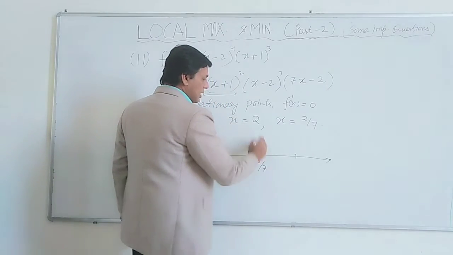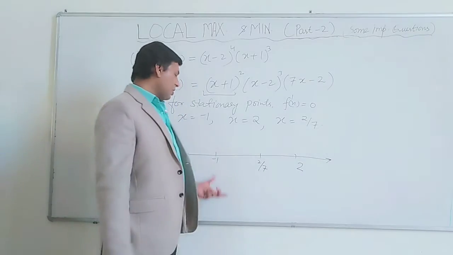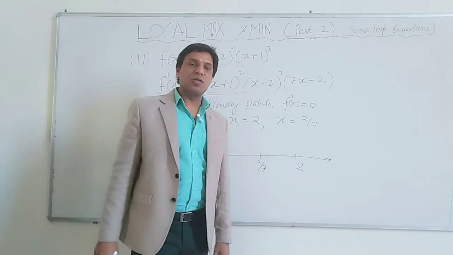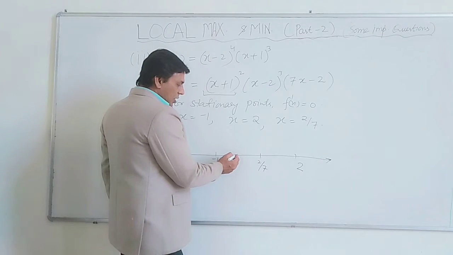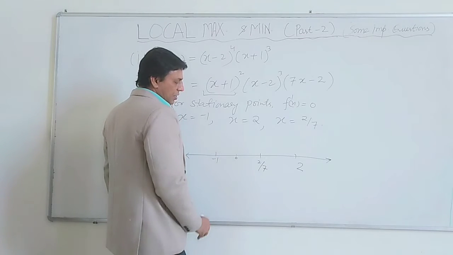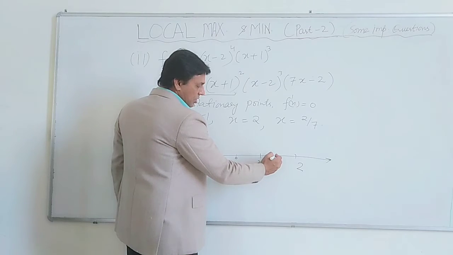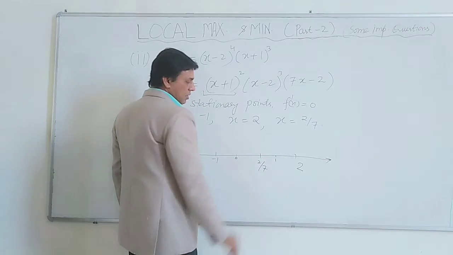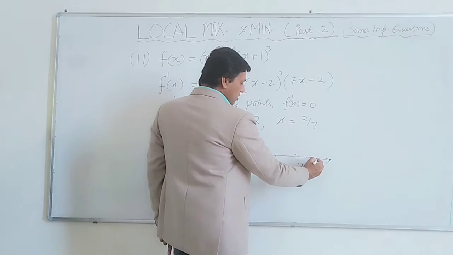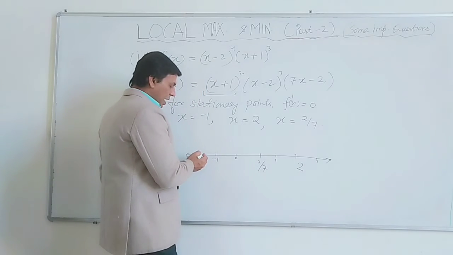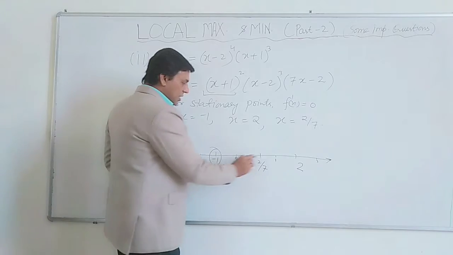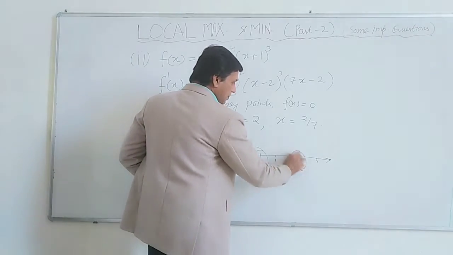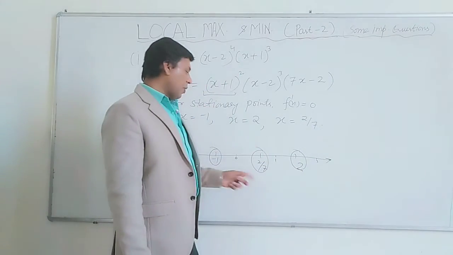I have told you that you have to arrange these numbers according to the order. So 2 by 7 is between 0 and 1. So 0 will be here, you can mark, and you will have 1 here. Then after 2 you will get 3. Before -1 you will get -2. So these are our stationary points.